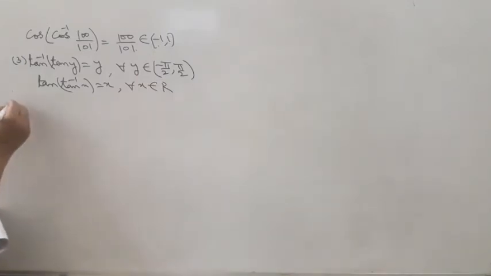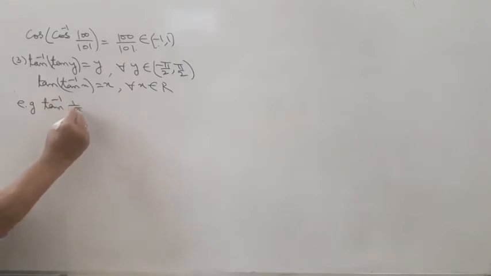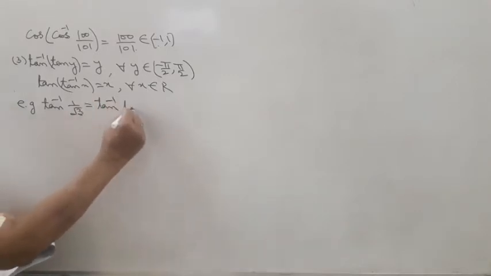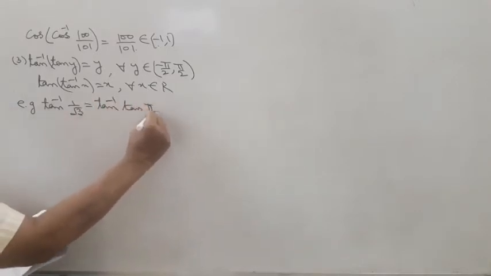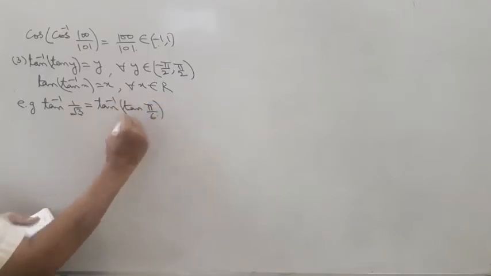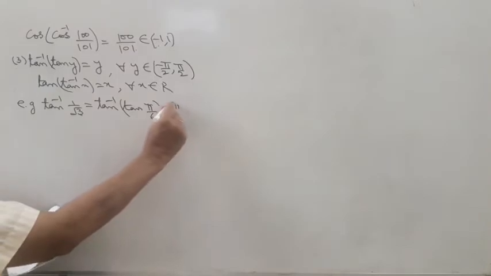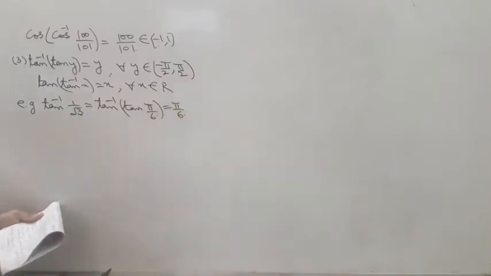Now for example, to make it clear, tan inverse of 1 upon under root of 3 is equal to tan inverse of tan pi by 6. Look, tan inverse of tan pi by 6 is equal to pi by 6, which is a member of the principal value branch.